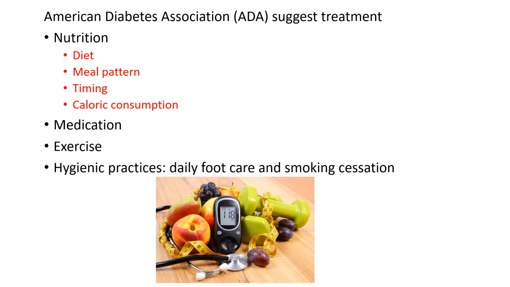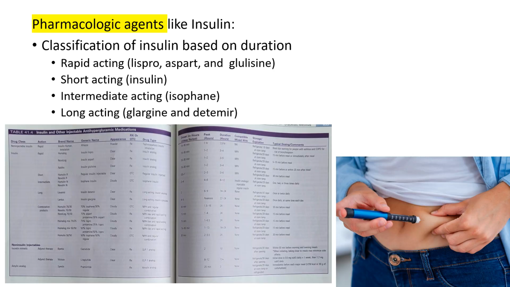For the nutritional aspect, what we're going to do is look at diet, meal pattern, and timing, and caloric consumption. Medication, let's look at the pharmacological agents that we would use just for type 1 diabetes. It would be something like insulin. The insulin has different variations.